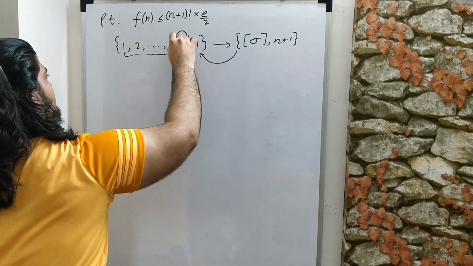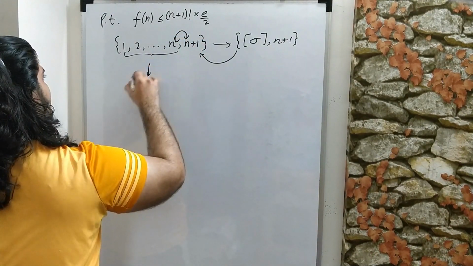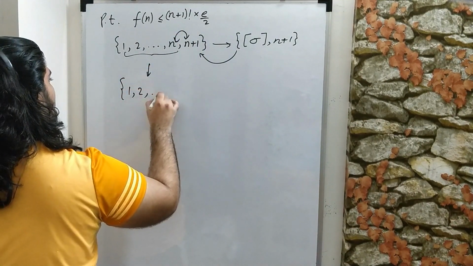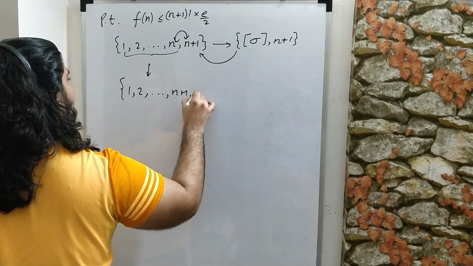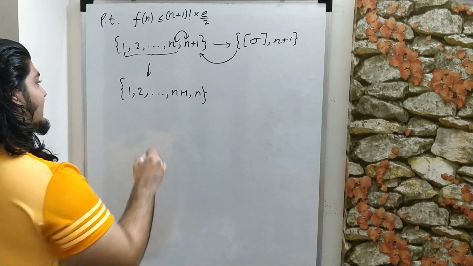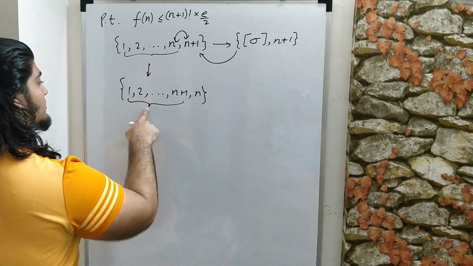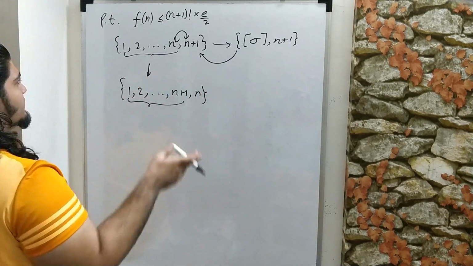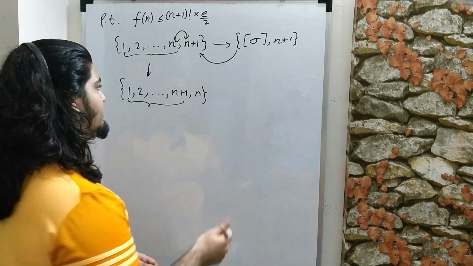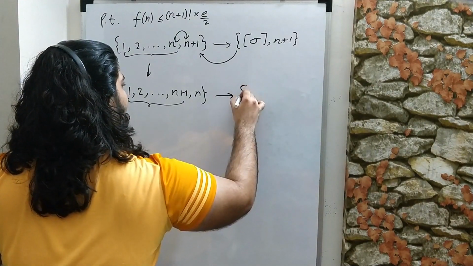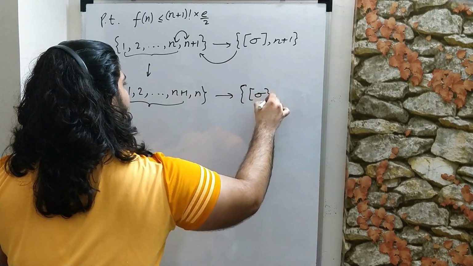Then we switch n and n plus 1, and then we end up at 1 2 ... n plus 1, and then n, and then we cover all possible permutations of these n elements, because we can do that by the induction hypothesis, and then again we end up with some permutation sigma.